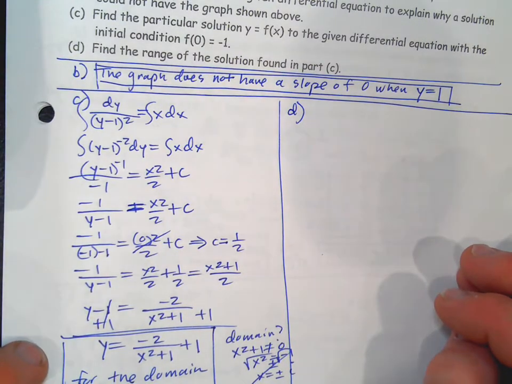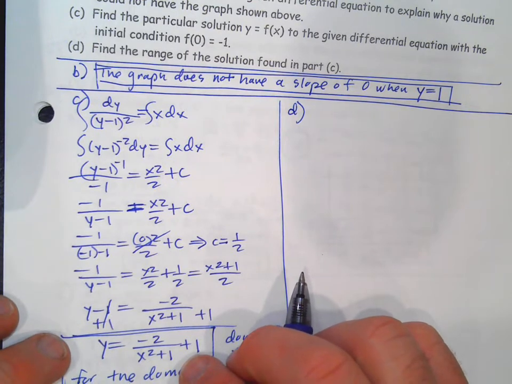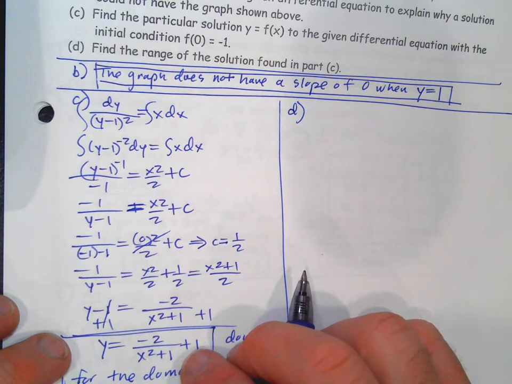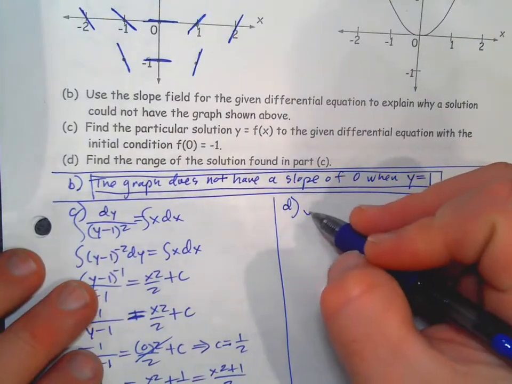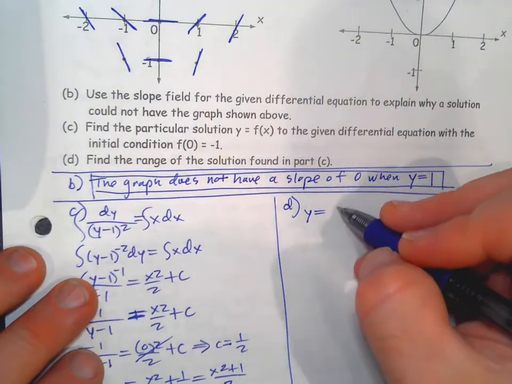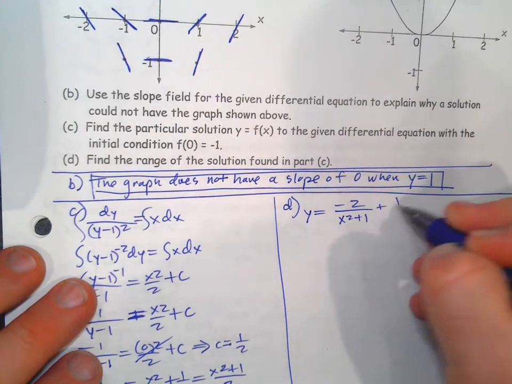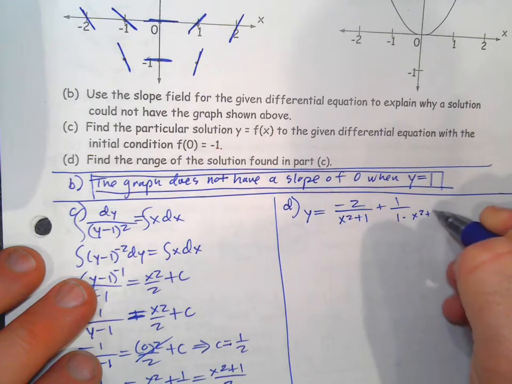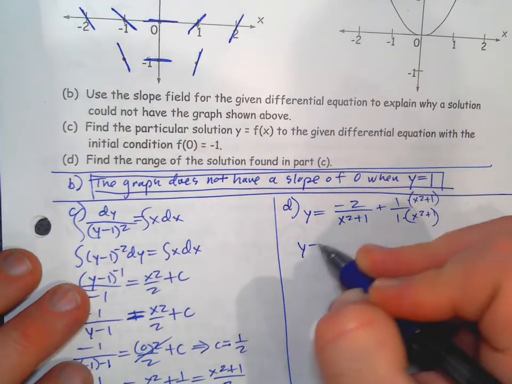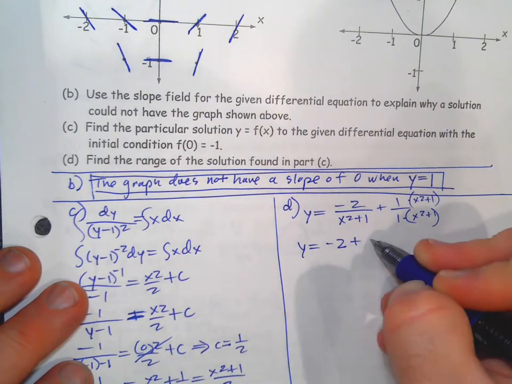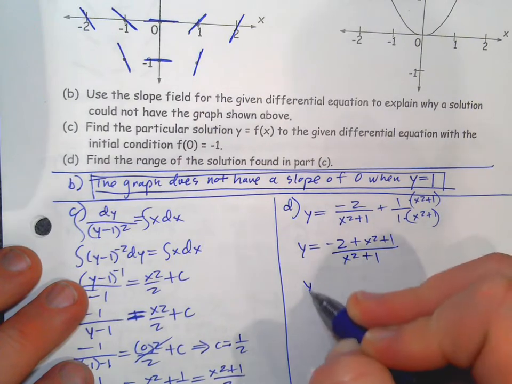Okay, and then part D says to find the range. Well, what are the possible y values of this? Maybe we could combine that. I'm just trying some different things here.